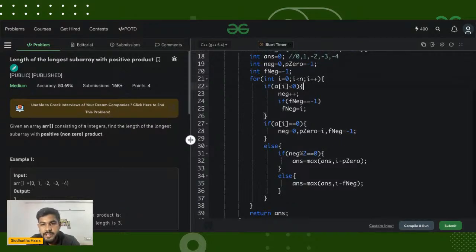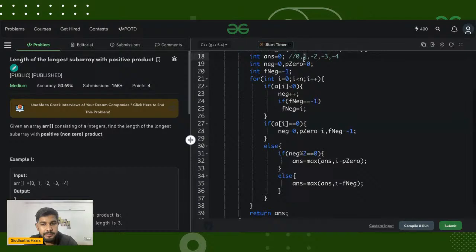At this point, first it is 0, so negative won't increase. p0 would be equal to i, that means p0 would be equal to 0, and f negative would remain the same, and it won't come to the else condition. Only this condition would run.